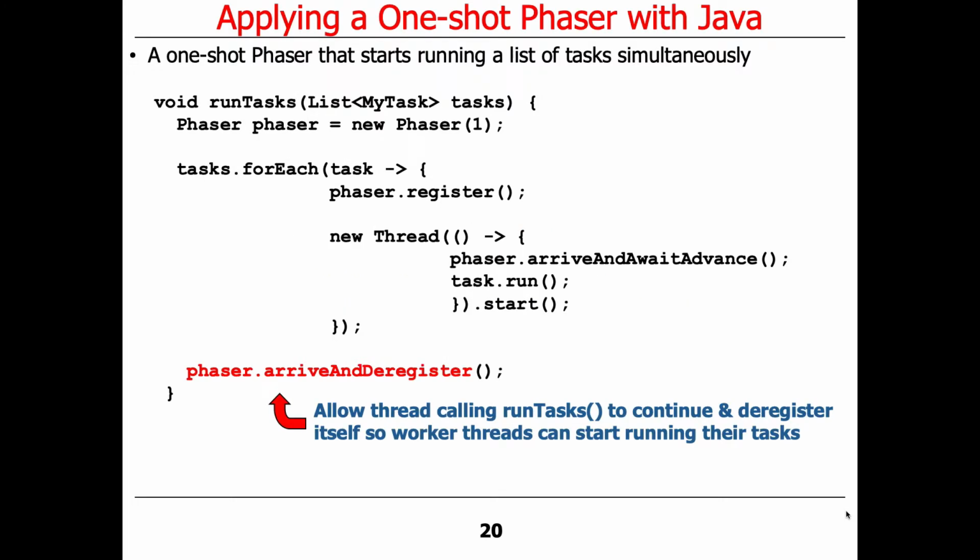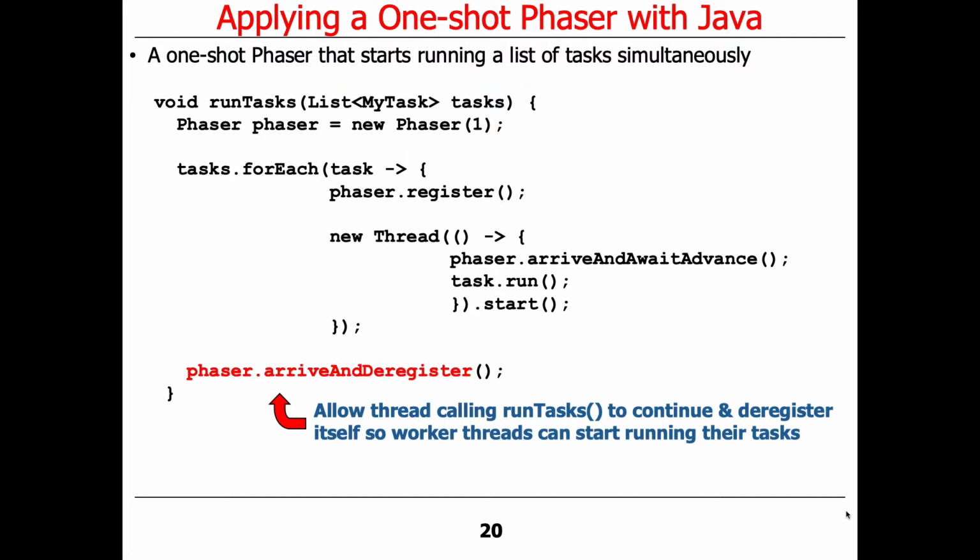And you can see this is very, very similar to a cyclic barrier with just some additional syntactic sugar to be more dynamic. We don't know ahead of time, for example, how many parties there'll be. Each time we go through this loop, we register a new party.